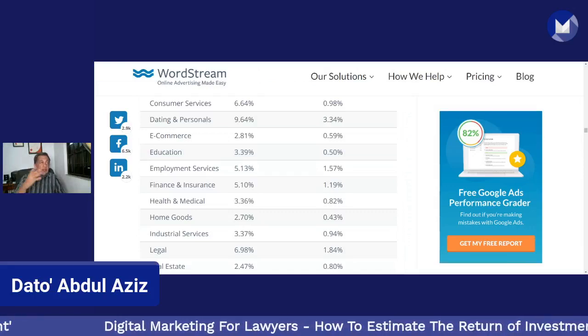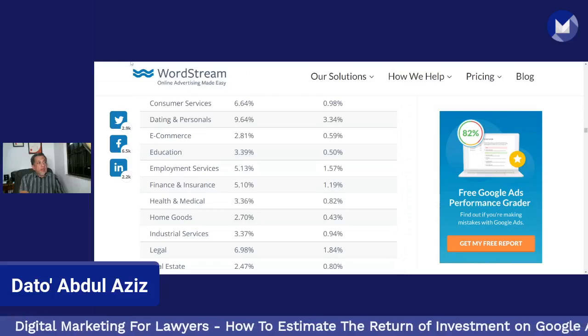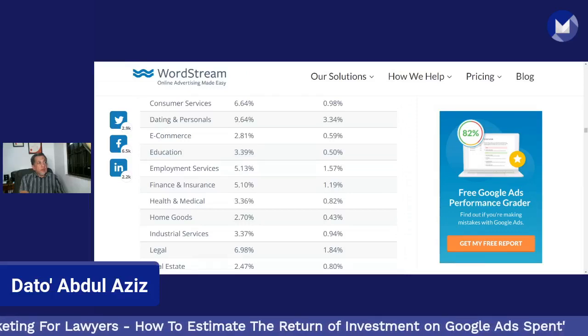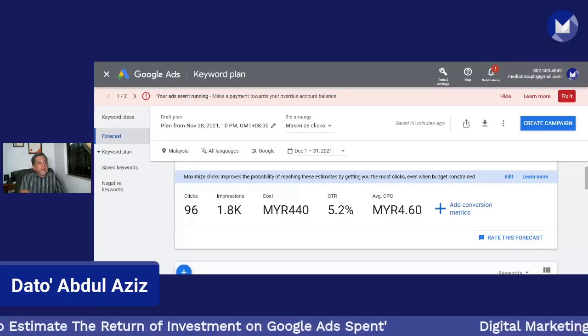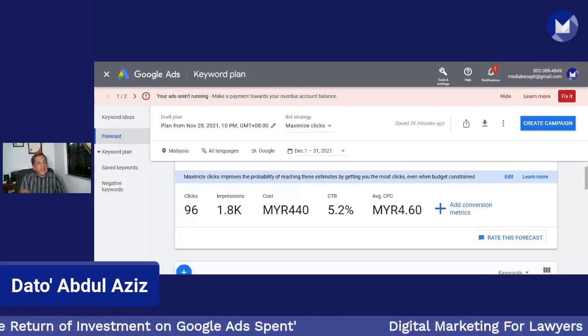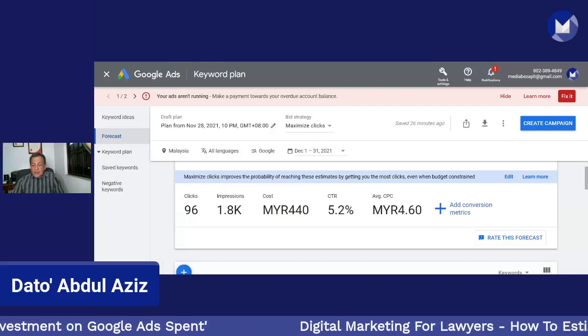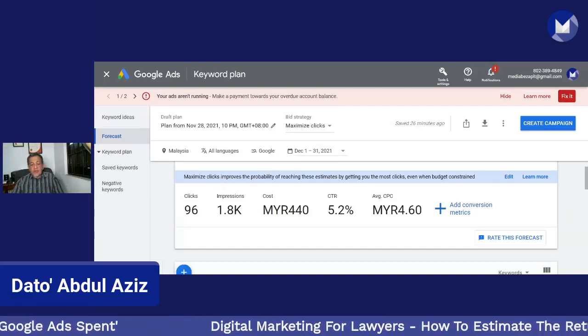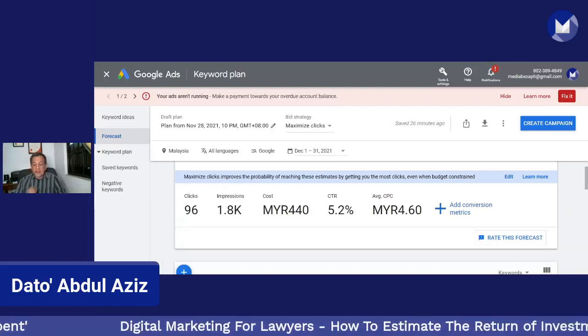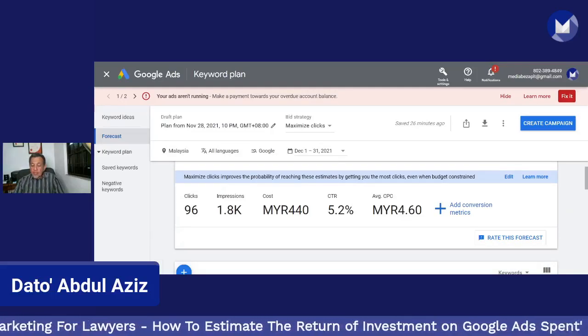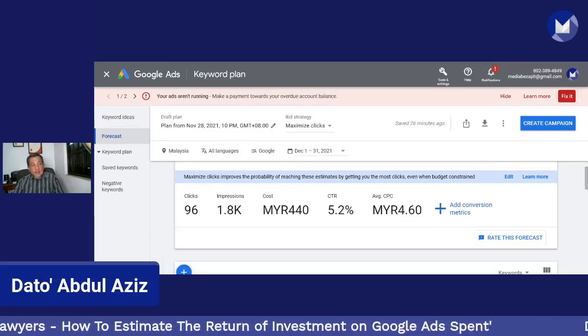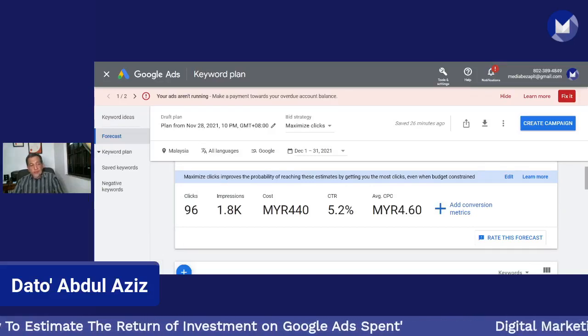Now let's go back to our data just now. This data is saying that for 1,000 ringgit that we spend, we are getting 217 clicks.